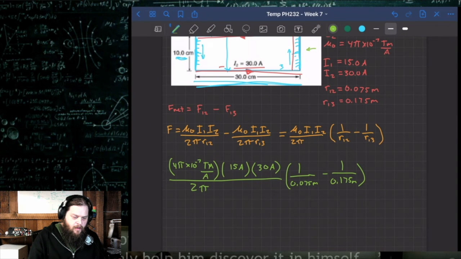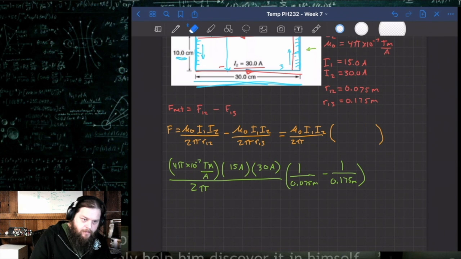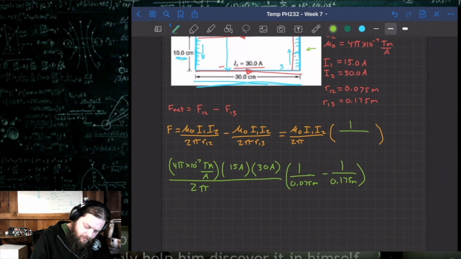I wrote this wrong. That's what's throwing me off. This should be 1 over R12 minus R13.